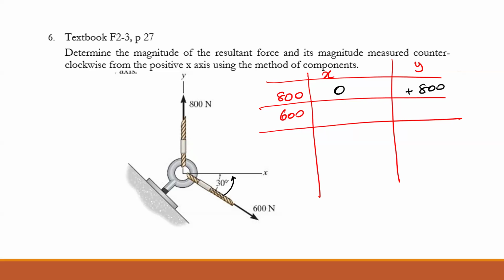If the angle is towards y, the component is sin. Here the angle is towards the x, so 600 cos 30 is the x component and it is positive. Y component is negative, am I right? It is 600 sin 30.